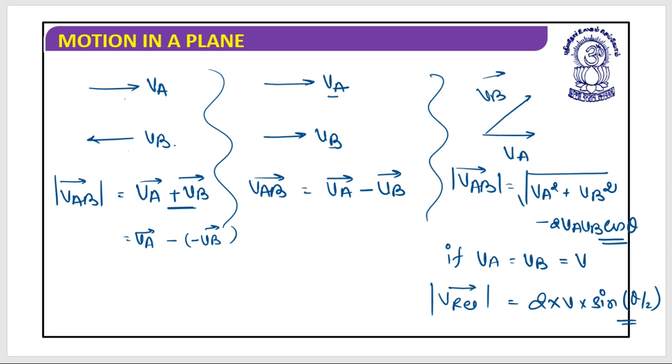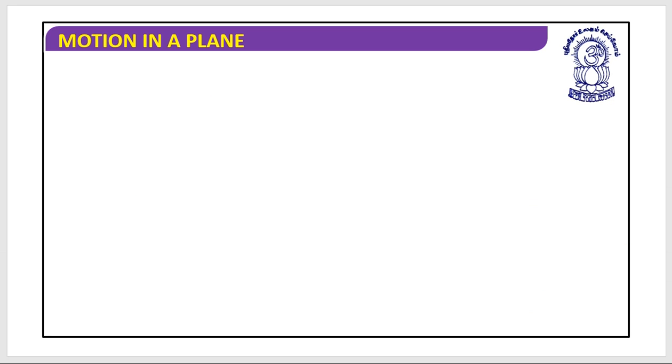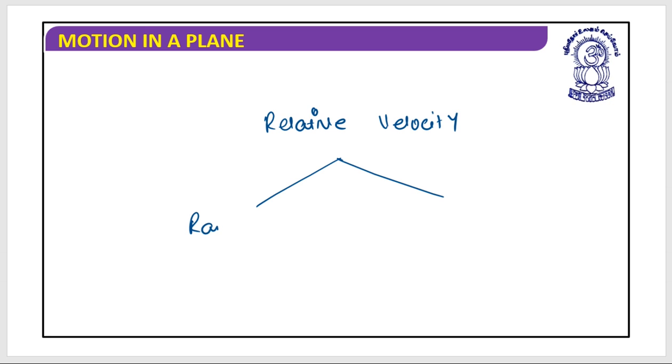No? Great. So now we are going to discuss two very important applications of relative velocity equations. One is the rain problem, and another is the river boat problem.